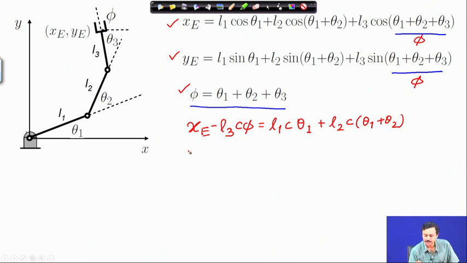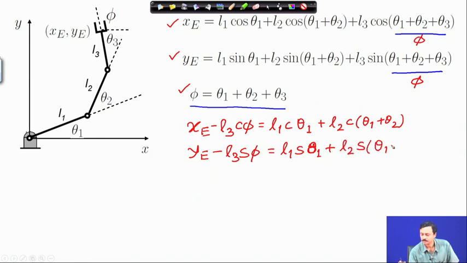so, from the first equation and similarly from the second equation. Now, once I have these two equations, the left hand side, remember, is completely known to me.